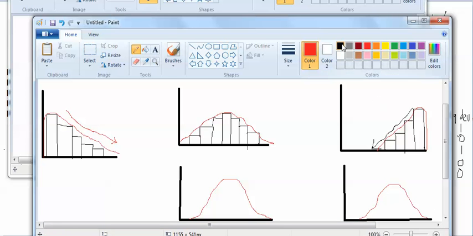If the bars in the center peak higher than the normal distribution, then it's actually called a positive kurtosis. If you have a shape that peaks higher than the normal distribution does, and it also has a more abrupt peak, like this, it's called a positive kurtosis.